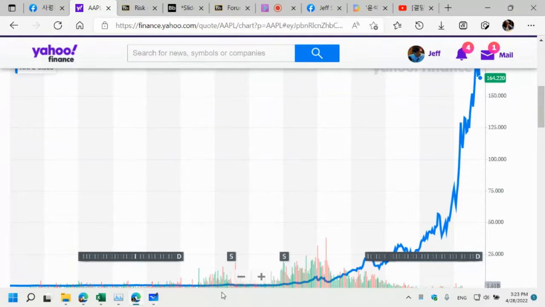You had one share of this stock, which is $100. Now you have 10 shares, and each share is $10. So after the split, you don't lose anything. You just have more shares, and you're holding your position. The dollar value of your position is still the same.